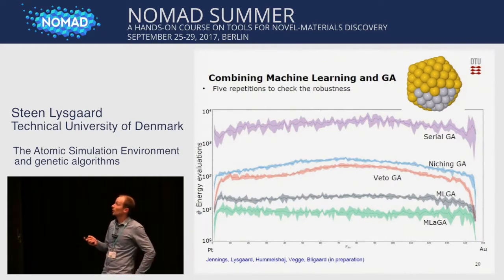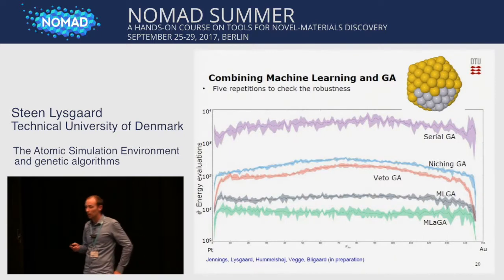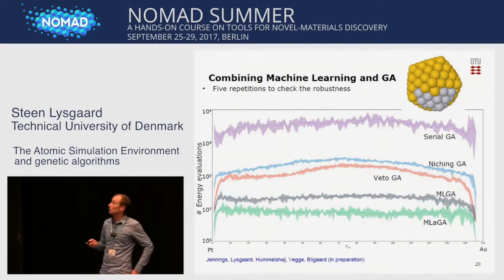If we add another part to the algorithm, so we now use a fingerprint, as we heard about earlier today. We use the fingerprint of how many nearest neighbors each type of atom has on average. That works well here, and if we don't allow more than one of each fingerprint in each composition in the population, then we are able to go a little bit further down in the number of energy evaluations needed.